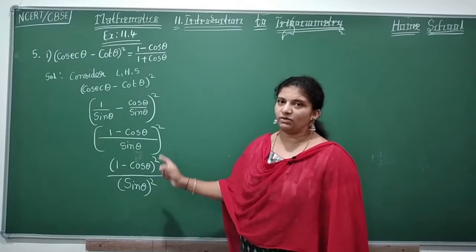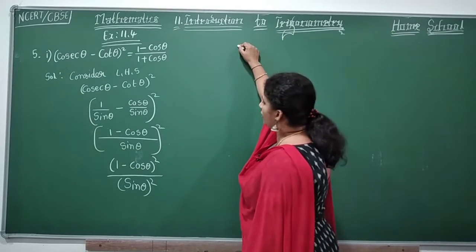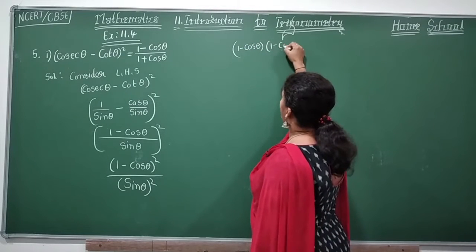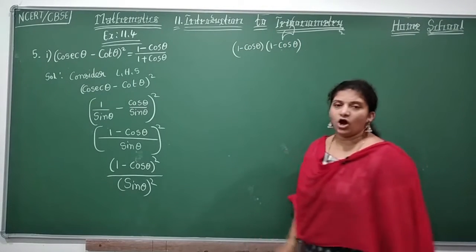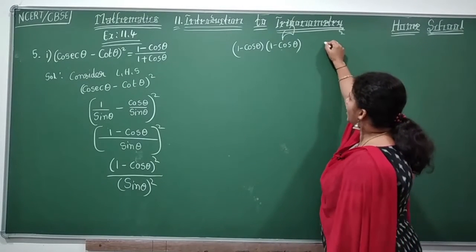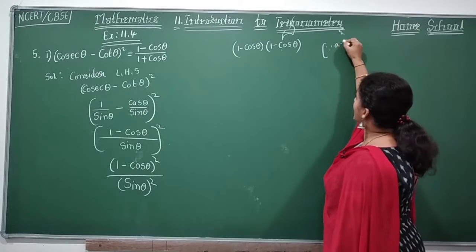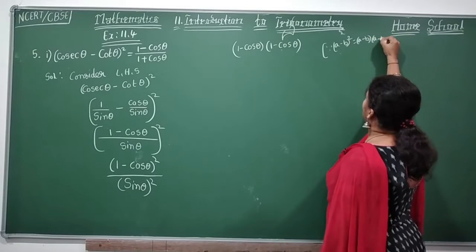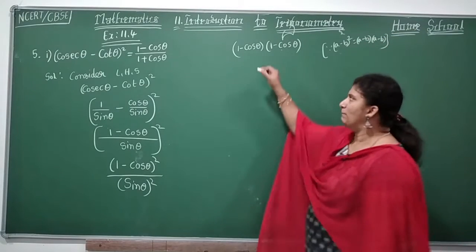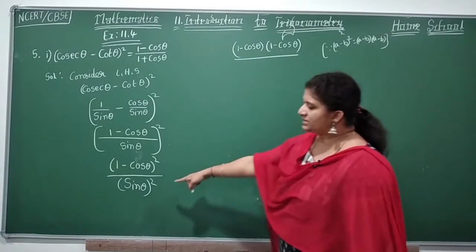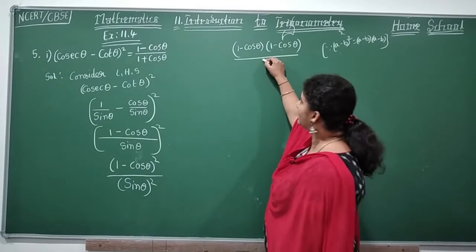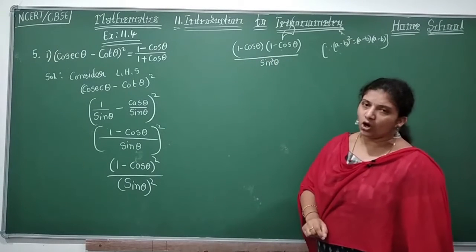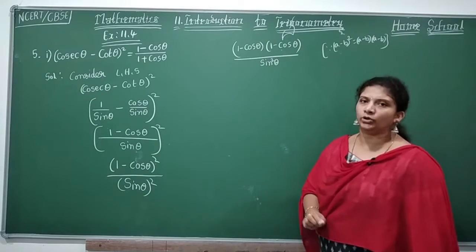You can rewrite it as 1 minus cos theta into 1 minus cos theta, since a minus b whole square can be written as a minus b into a minus b. Look here, sin theta whole square I can rewrite as sin square theta. Both are the same.